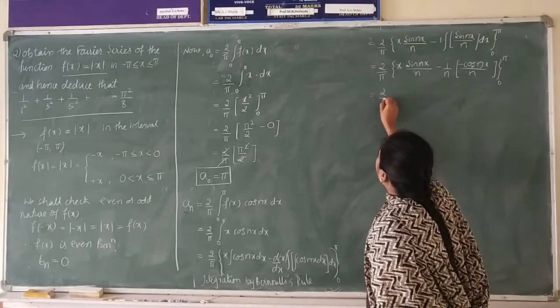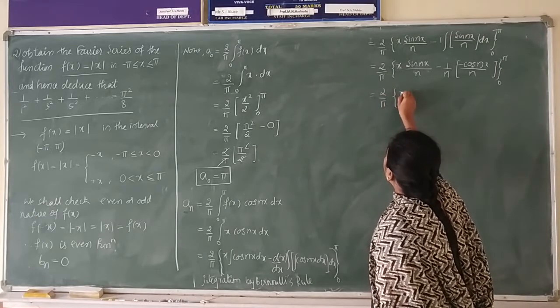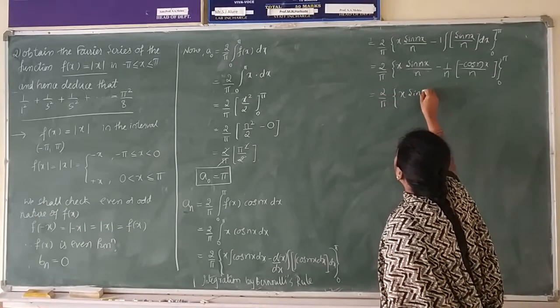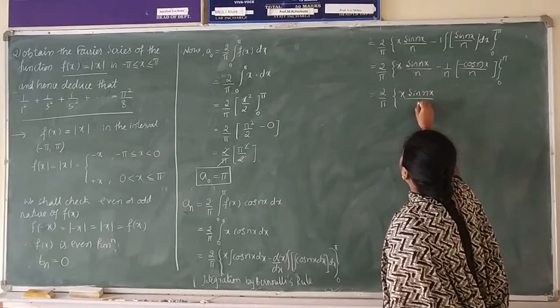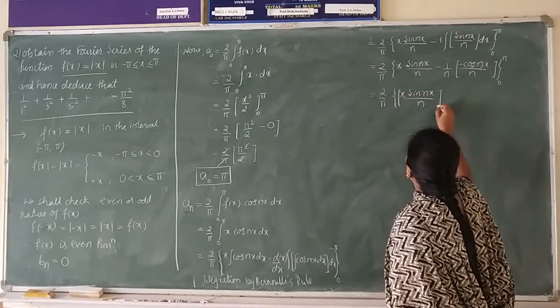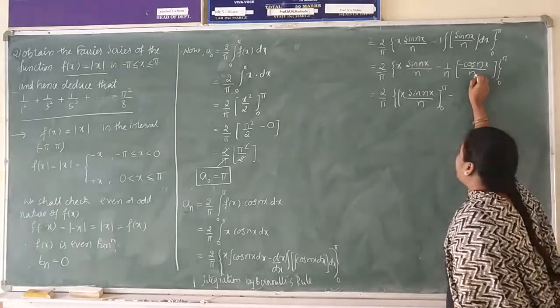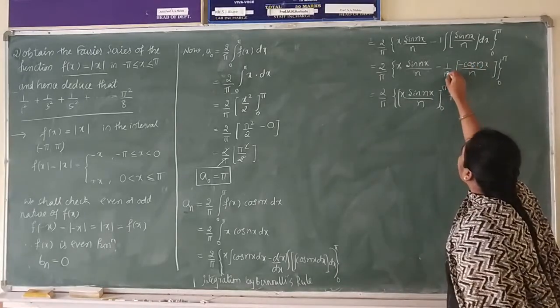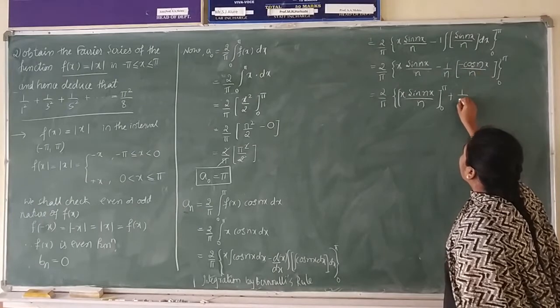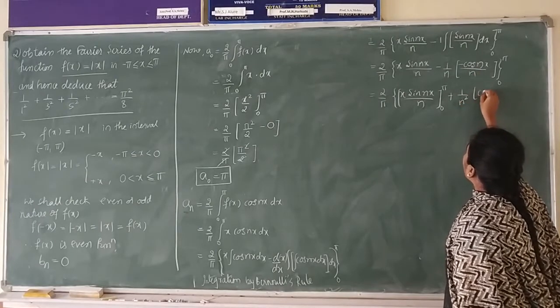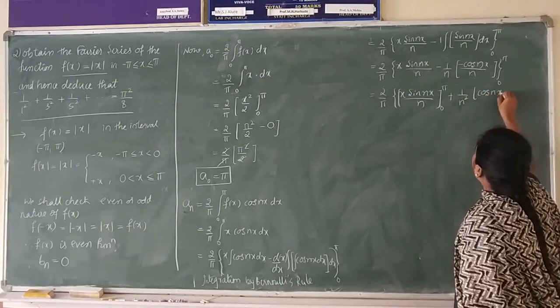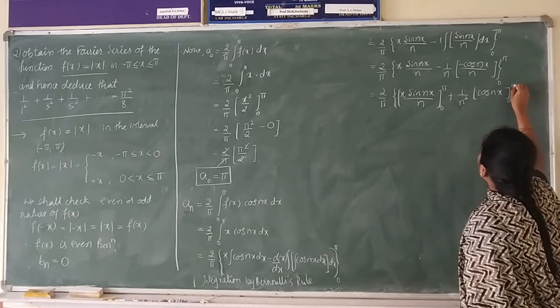Now 2 by pi, separately I am applying the limit now, sin nx by n from 0 to pi minus 1 by n into 1 by n, minus into minus plus 1 by n into 1 by n is 1 by n square cos nx from 0 to pi.